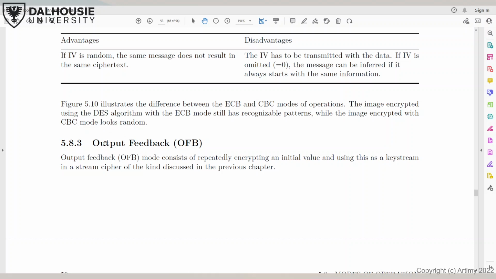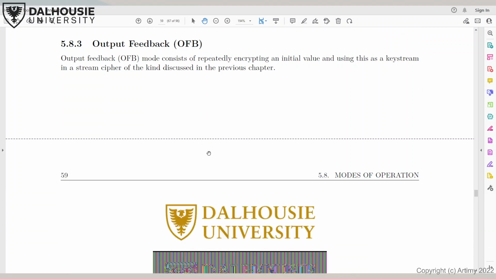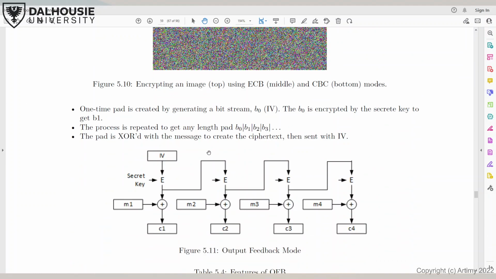The third technique is called output feedback. Output feedback avoids the problem. It is almost like the one-time pad that we discussed in the previous case.